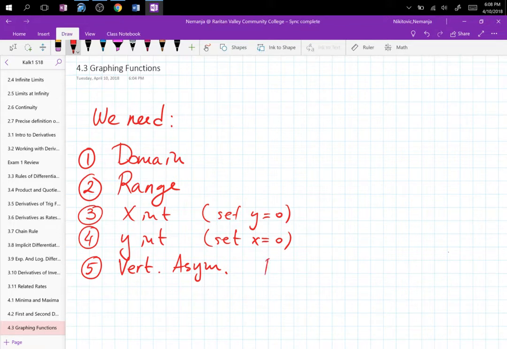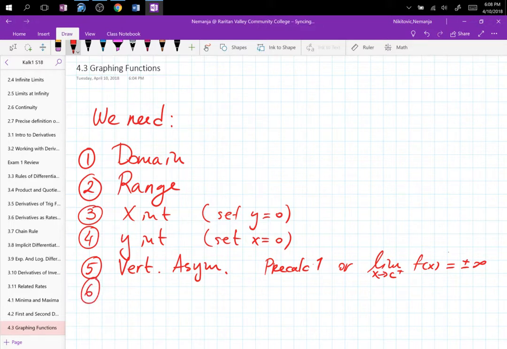So I'm going to say pre-calc 1 or limit of f of x as x goes to c plus or minus gives you positive or negative infinity, because that was the way to find the vertical asymptote.